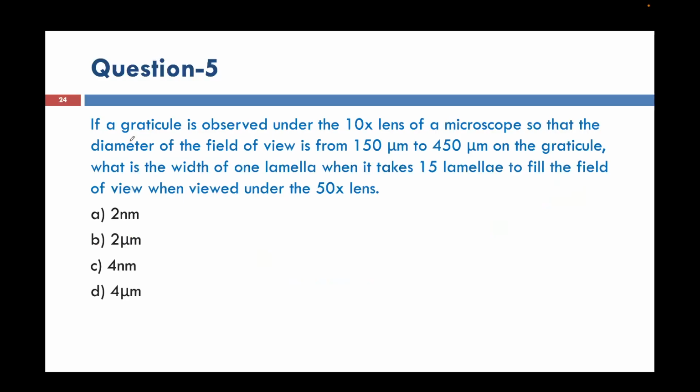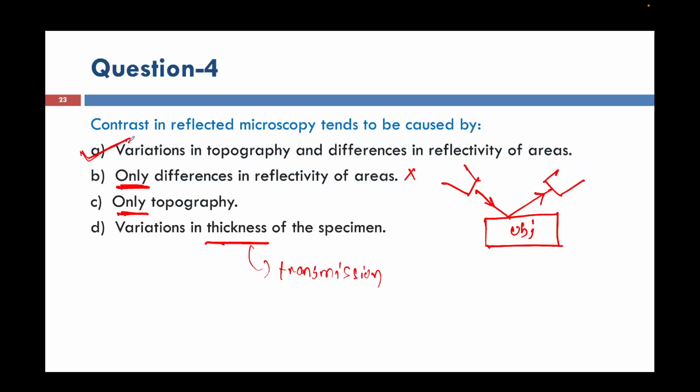Okay. I have a small query. Now, if you talk about color etching, in color etching, does reflectivity of areas also matter, or does topography also matter?